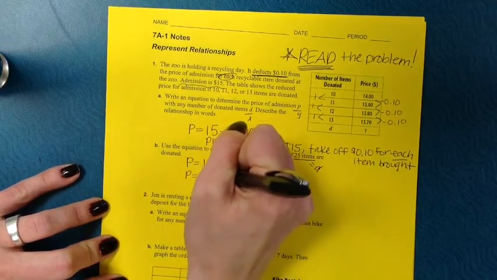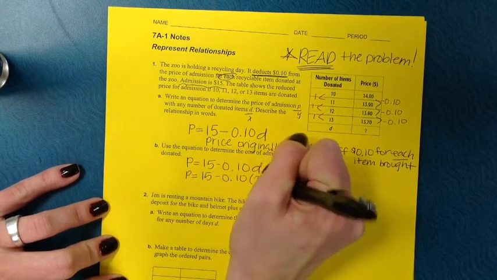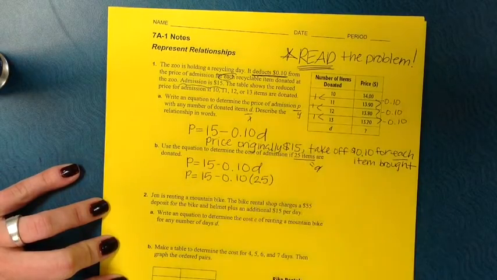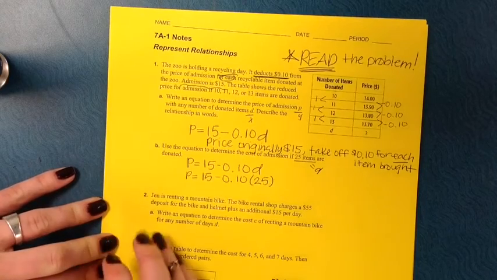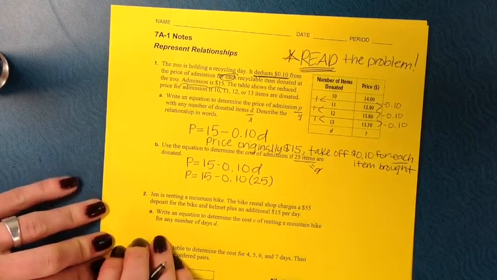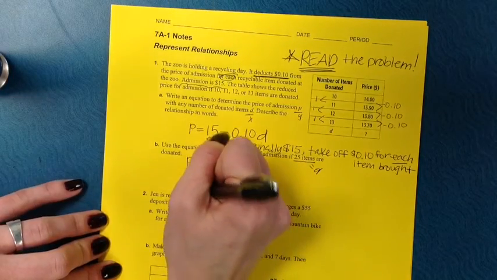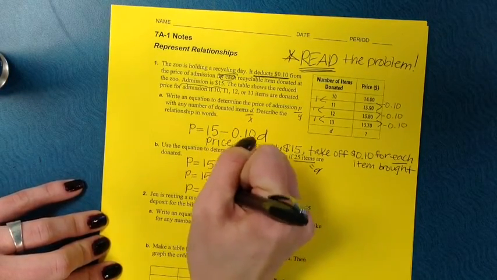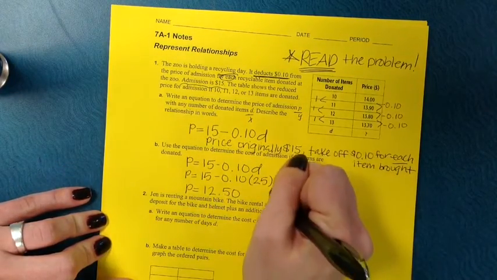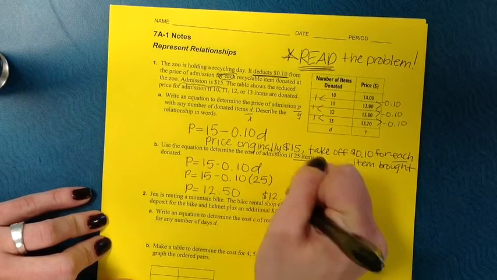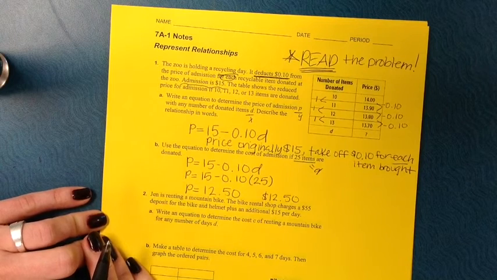So our new equation is going to be P equals 15 minus 0.1 times 25. Good. So now all we have to do is plug that into the calculator. That's what it's for. So you can plug in exactly how we wrote it. And we're going to get the answer of P equals $12.50. All that means is that if we were to bring 25 items to be donated to the zoo, our price of admission would be decreased from $15 down to $12.50.